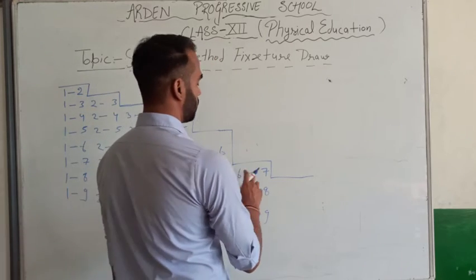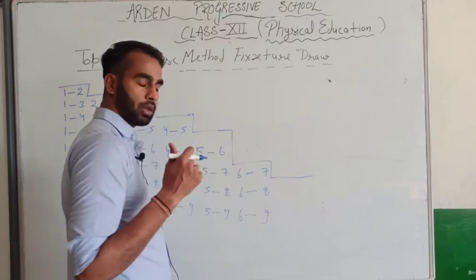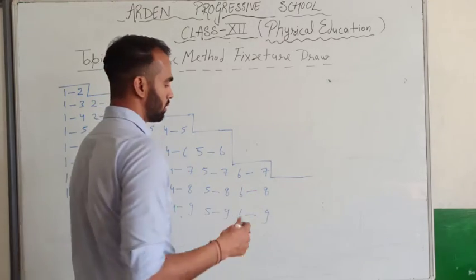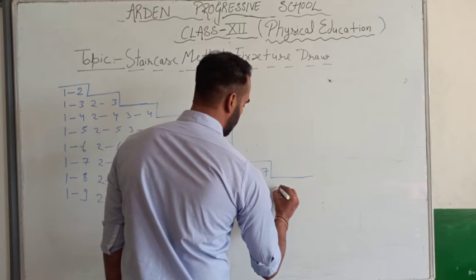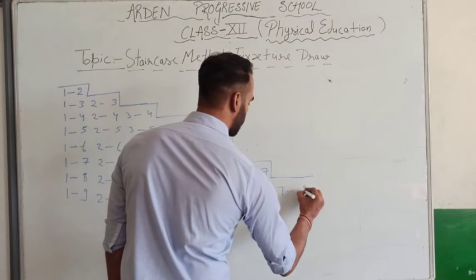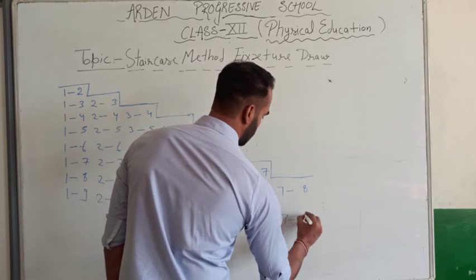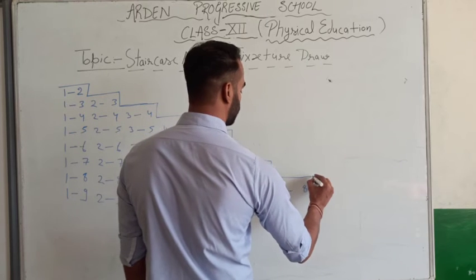Now number 6 will play all matches with all teams. The next team is number 7: number 7 number 8, number 7 number 9.